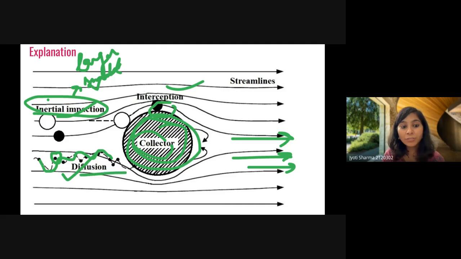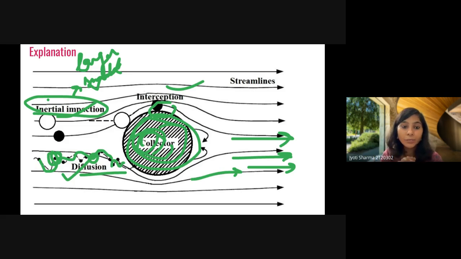Because of diffusion, there is a higher chance that the fabric can interact with these particulate matters, because they are not following such paths. Because of their smaller size, there is Brownian movement, if you have heard about this.